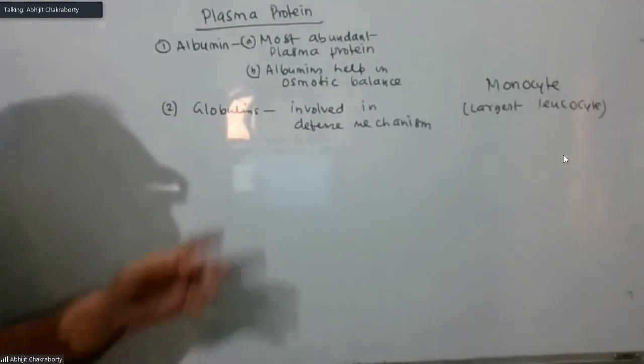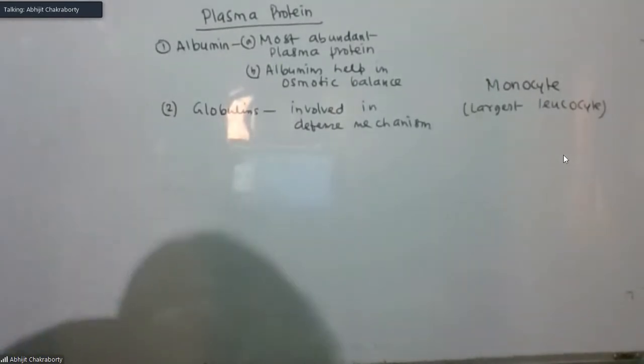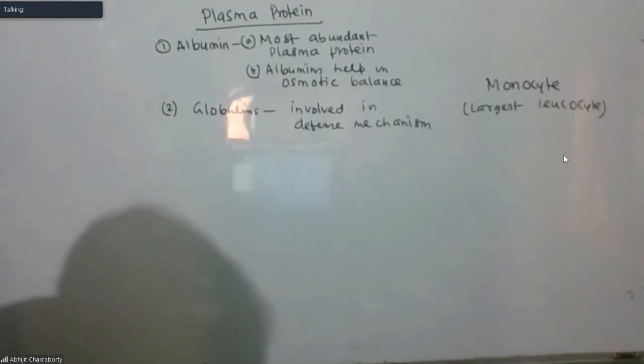Suppose gamma globulin, globulin also helps in forming antibodies. Clear?